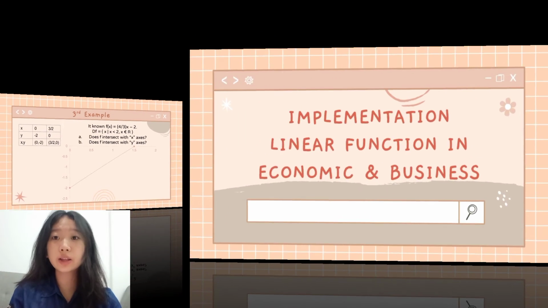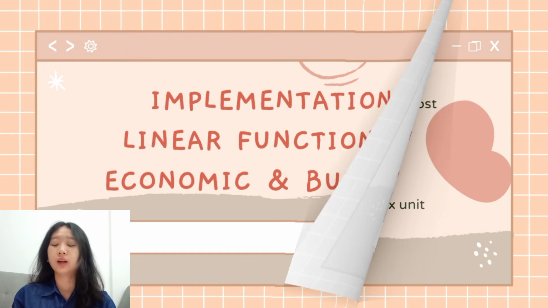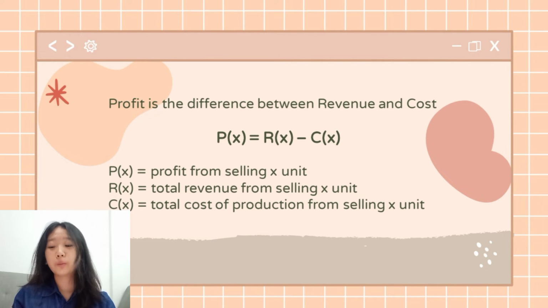So I'm going to tell you guys about the implementation of linear functions in economics and business. The definition: the profit of a firm or company on its product is the difference between the amount it receives from sales, which is called revenue, and its cost.